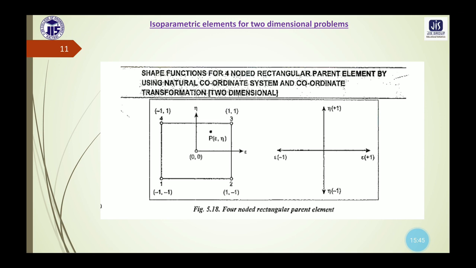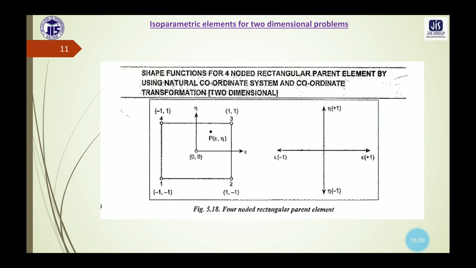Next we will discuss the shape function for a 4-noded rectangular parent element by using the natural coordinate system and coordinate transformation for 2-dimensional. So in this diagram you can see the 4-noded rectangular parent element.